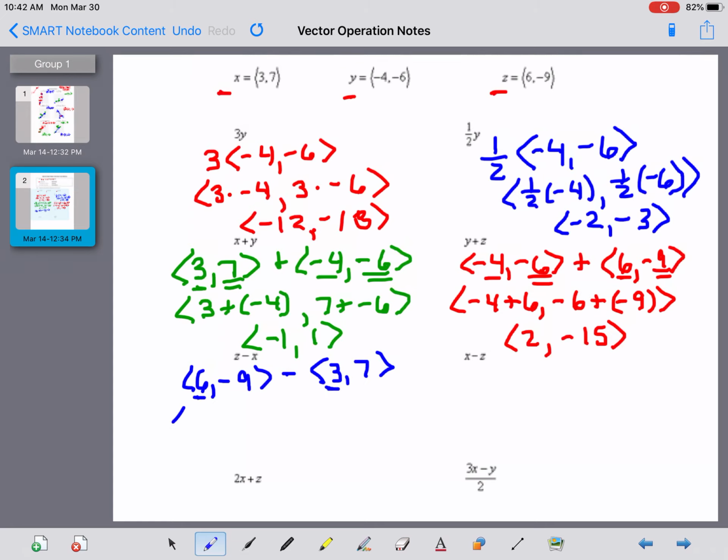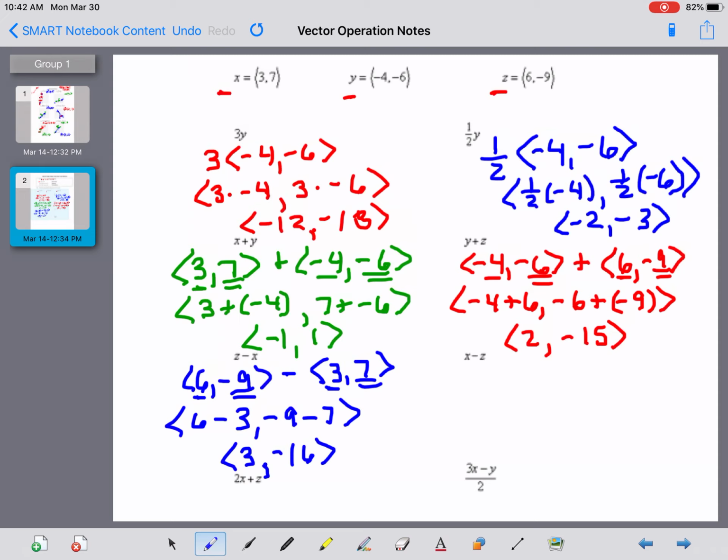This time I'm just going to subtract them. So I have 6 minus 3. And then I'm going to work with the two back ones, which are my vertical components. So -9 minus 7. And I can go ahead and do the operation. 6 minus 3 is 3. -9 minus 7 is -16. And there's my resultant vector.